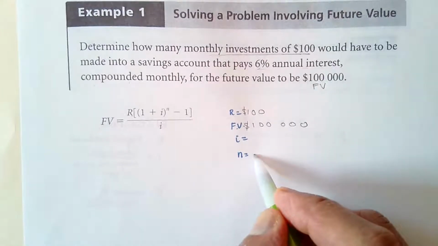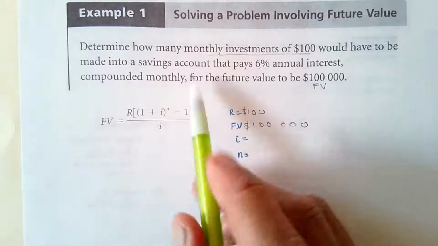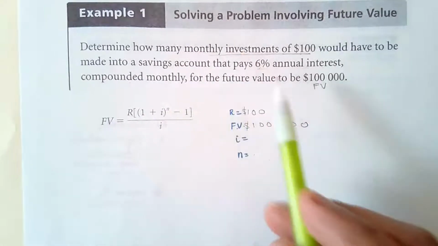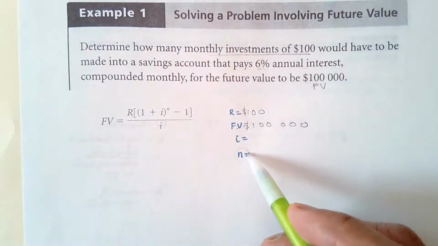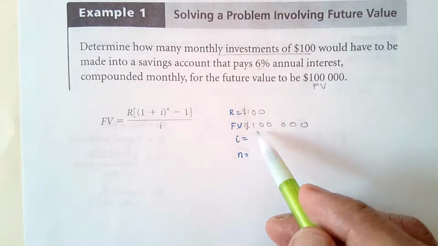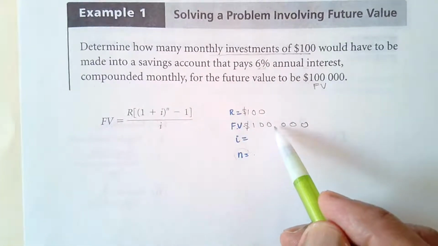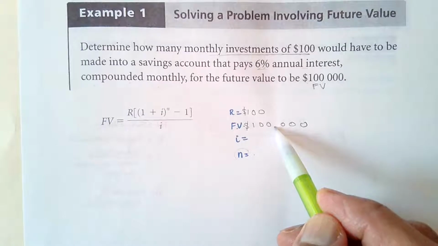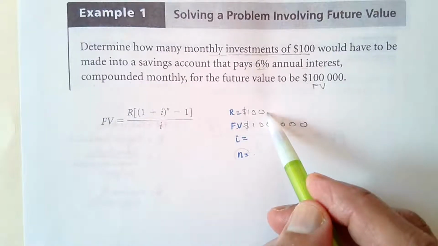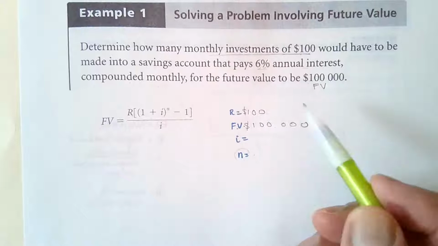Now the question is asking you to find n. How many monthly payments do you have to make with this interest rate compounded monthly for you to arrive at $100,000 when you're investing $100 each time?